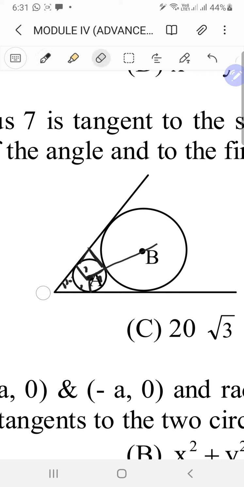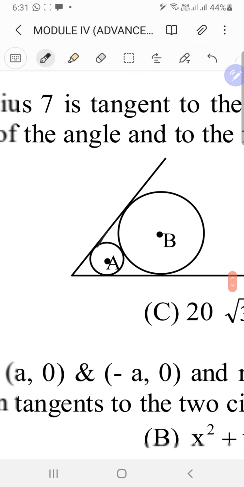You know what? It would be better if I just assign some variable to this quantity. Let's call this x. So this is x and this is 7, and say this is r, and this thing is also r. This thing is 30 degrees. Sine 30 degrees is 1/2. So this is not 7, this is r.